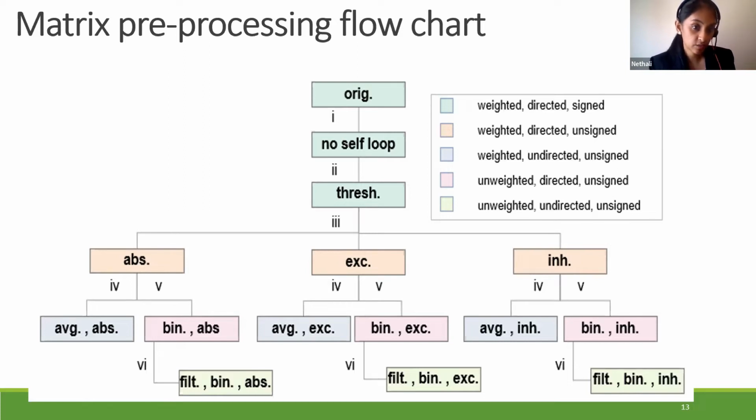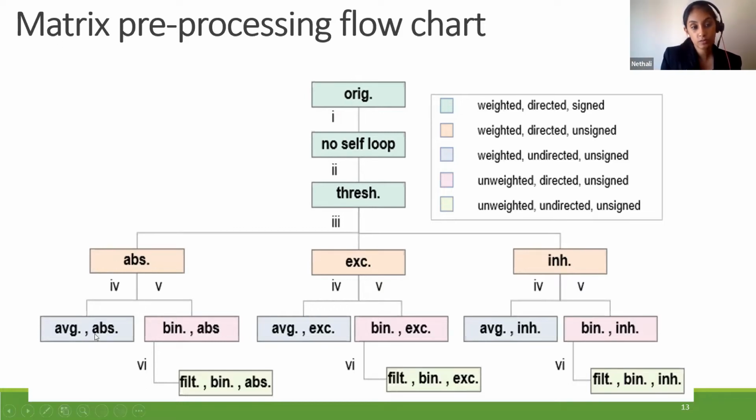For the binary, the absolute matrix has these different values, but if we want to binarize it, all the values are going to be 1. Whenever we have a value, we just make it 1. That's your binary absolute value.